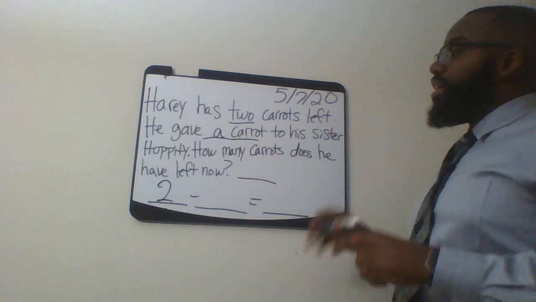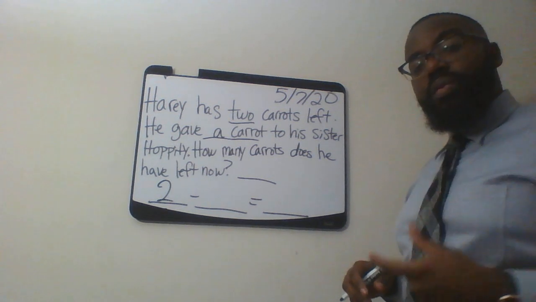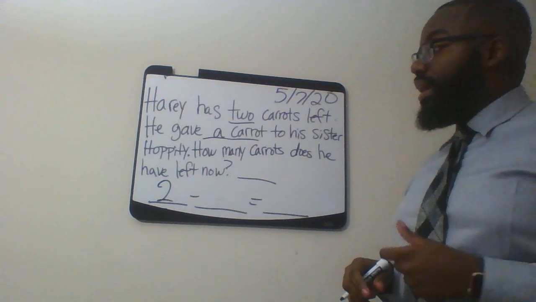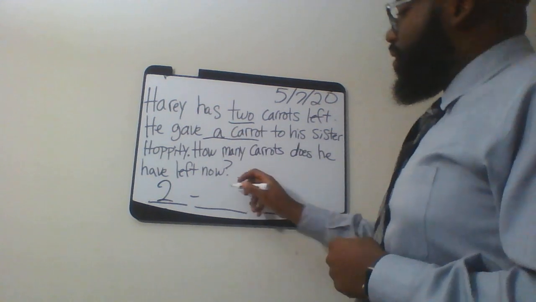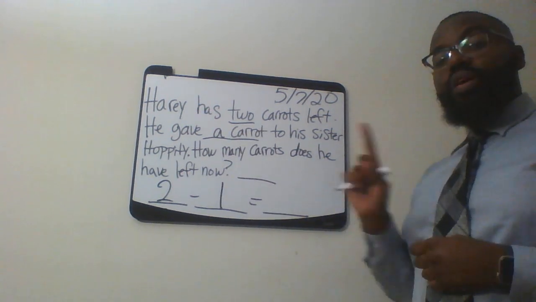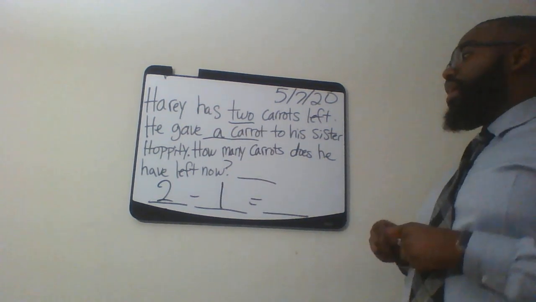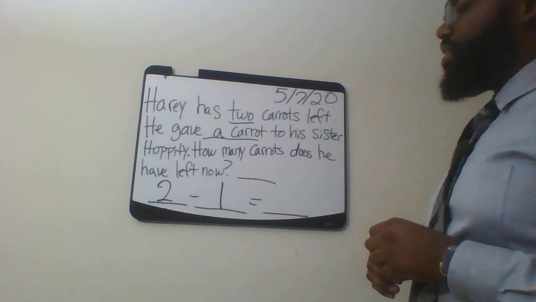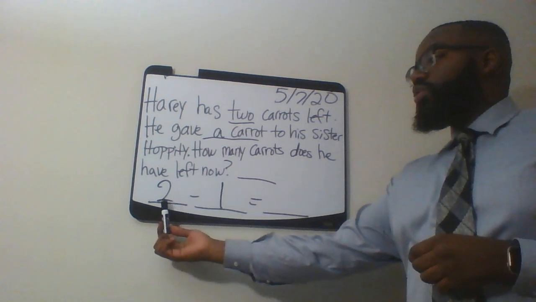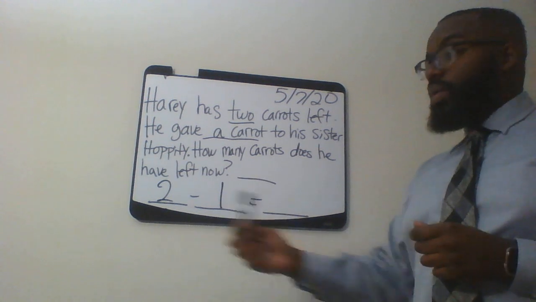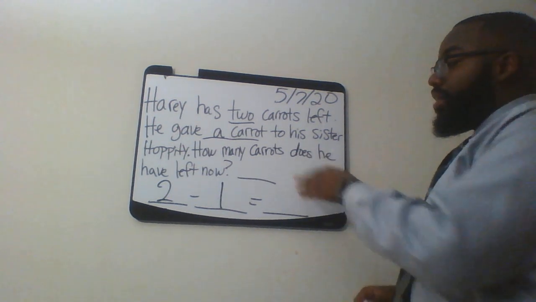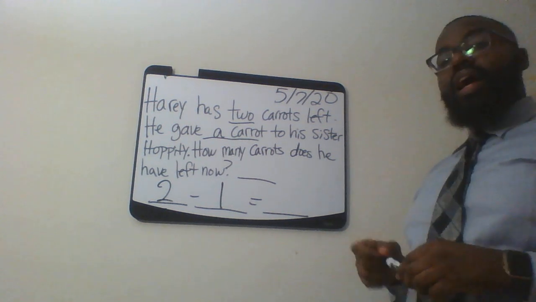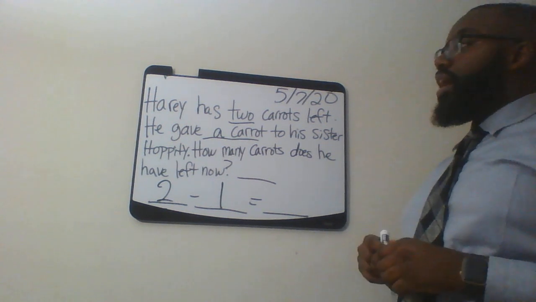The reason I underline that is because it doesn't tell you the number word, but it says he gave 1 away. When it says he gave a carrot, a is basically referring to 1. He only gave 1 away to his sister. Now, how many carrots does he have left? So what you're going to do is subtract 2 minus 1. Wherever 2 minus 1 is, the answer will go here and there in the 2 missing blanks. That will tell you how many carrots Harry has left.